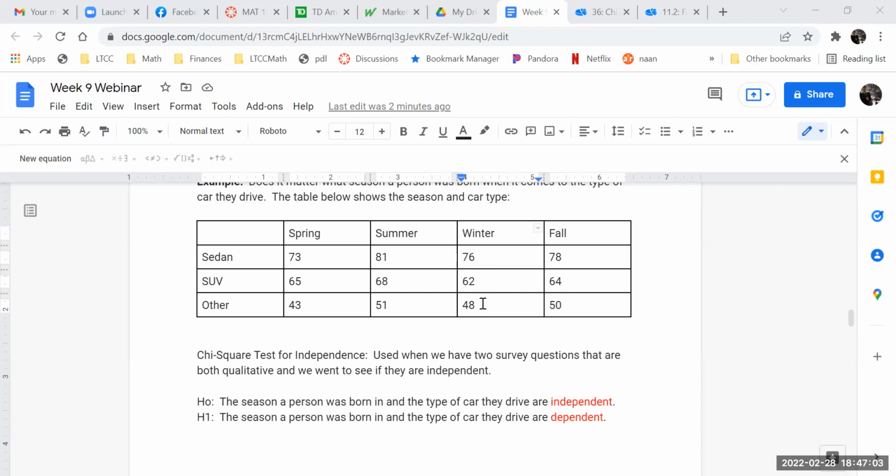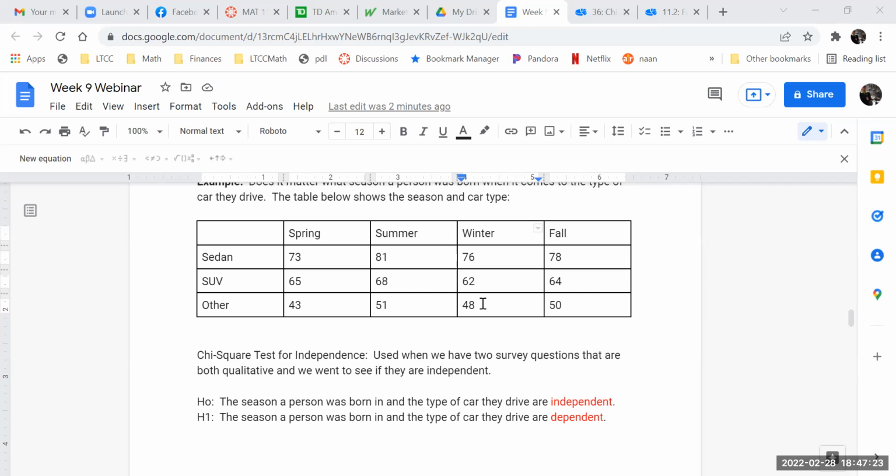You multiply those out, and you're not going to get the same number because we have a sample. You almost never get the same number with a sample. But the question is, how far off are you from the expected number you would get if they were independent?